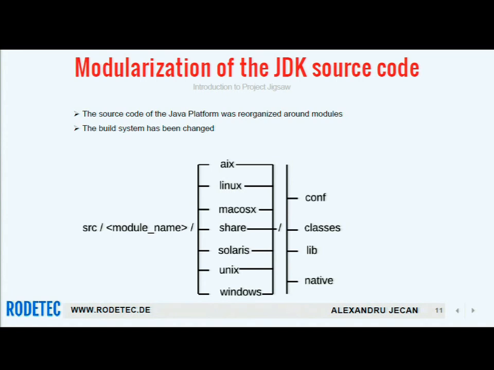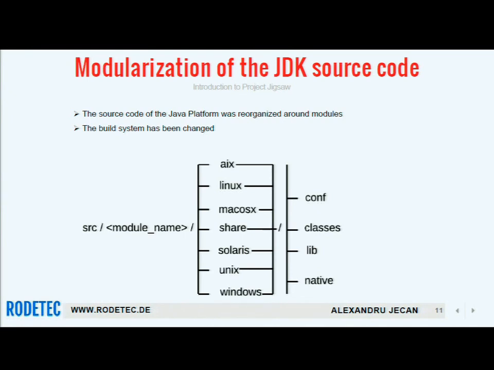And inside you have code for specific operating systems, so it's like before, like in Java 8, but you have the module name, and you see there the lib directory. This is present only in java.base, and you also have the native directory.